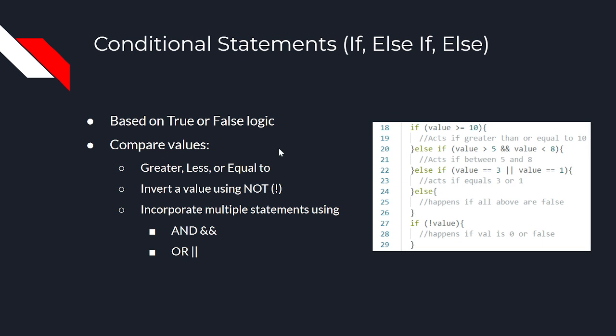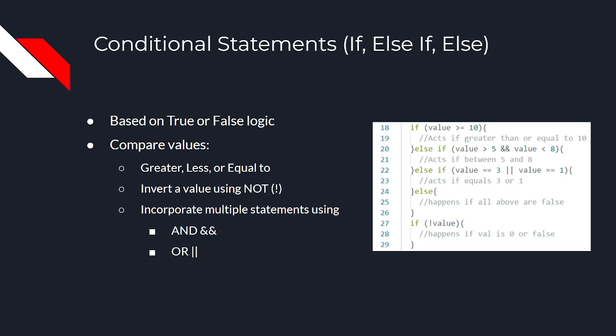Now we're going to look at conditional statements. Conditional statements are all based on true and false logic, or Boolean logic. So you put in a statement, and it evaluates the statement, and based on the evaluation of true or false, it'll either do something or not do that. When you're coming up with these expressions, you can compare values, such as whether a value is greater than, less than, or equal to another value.